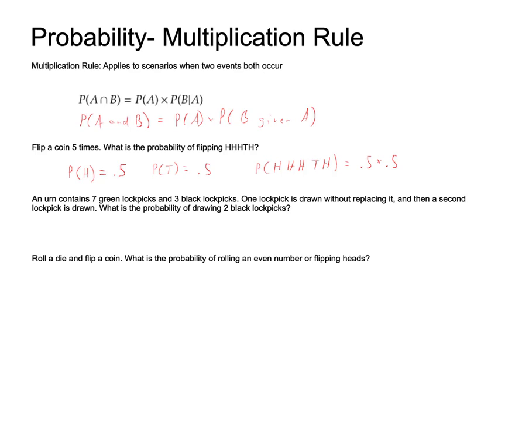Now, the probability of getting that third heads, given that the first 2 were heads, is 0.5. Now we need a tails, and the probability of that, given the first 3 were heads, is still 0.5. And then finally, that last heads, so we need to multiply again by 0.5. So we just take 0.5 to the 5th, and that is going to be 1/32.